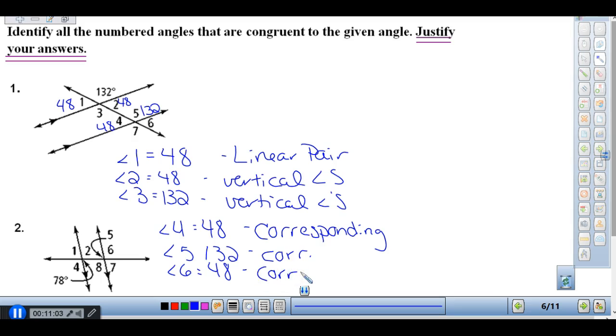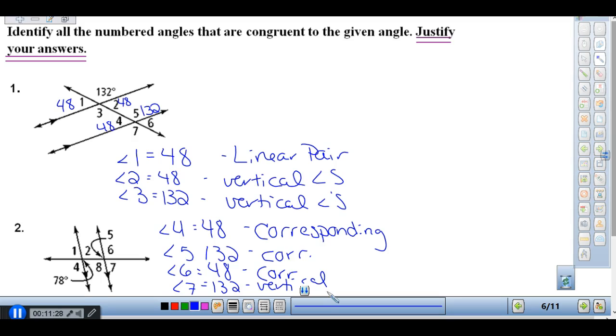I kind of like corresponding, so I'm just going to keep writing it. And angle 7? 132. Again, vertical, corresponding, alternate exterior. Any of those would work as your answer. Not so bad, right?